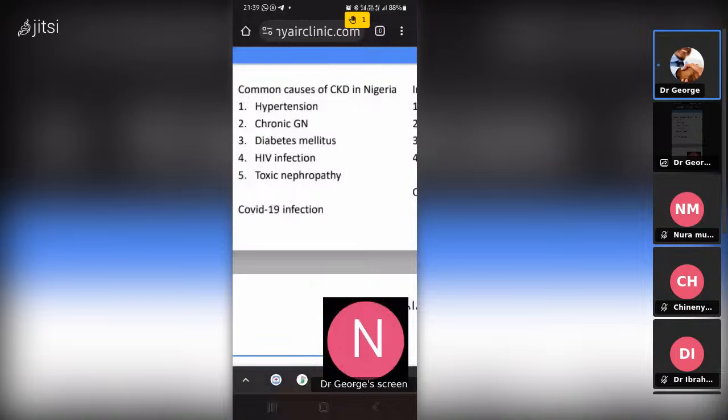Non-modifiable includes age, sex, ethnicity like race, genetics, family history. Modifiable risk factors are like smoking, alcohol, hypertension, diabetes, obesity, sedentary lifestyle. All these ones are modifiable. Even socioeconomic status is modifiable.